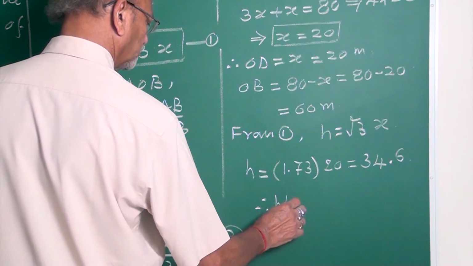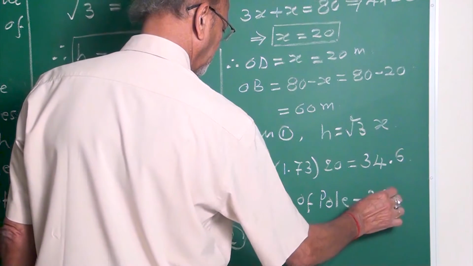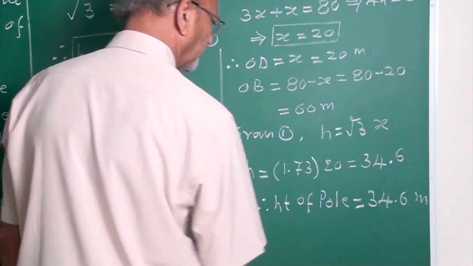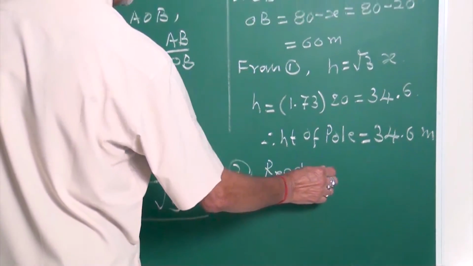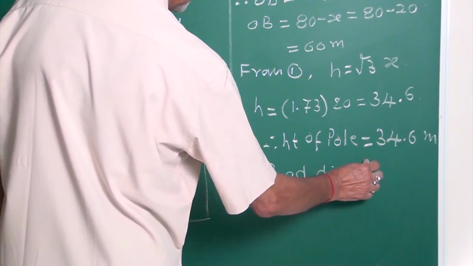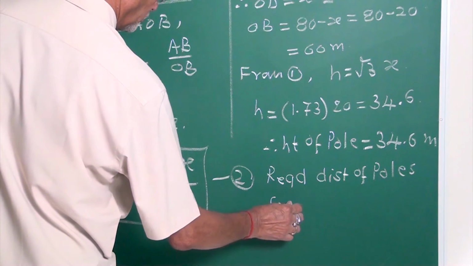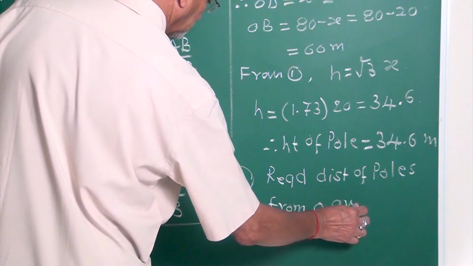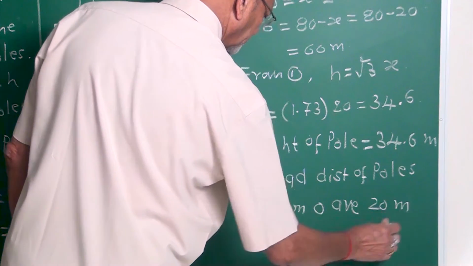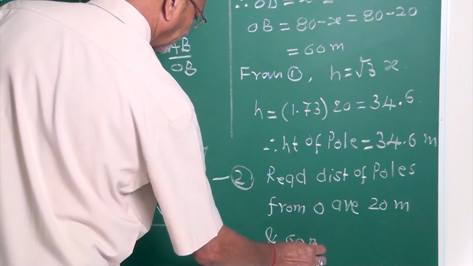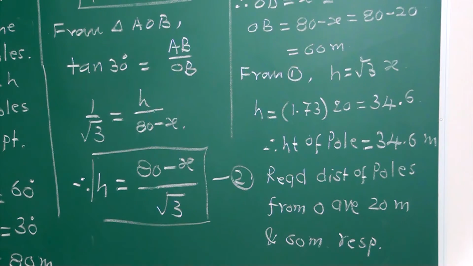Therefore, the height of each pole is 34.6 meters, and the required distances of the poles from O, the observing point, are 20 meters and 60 meters respectively.